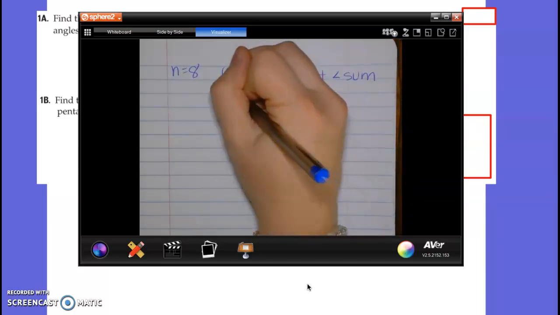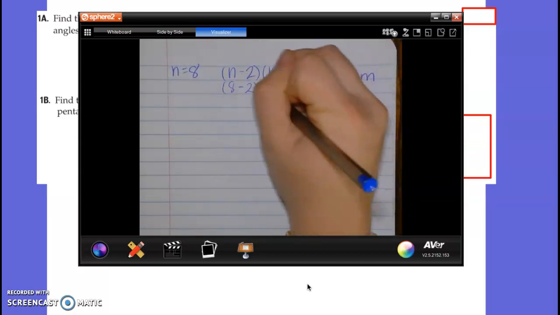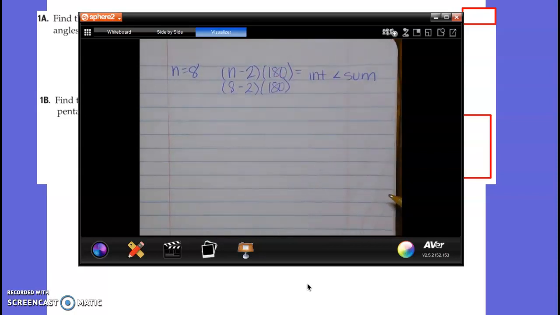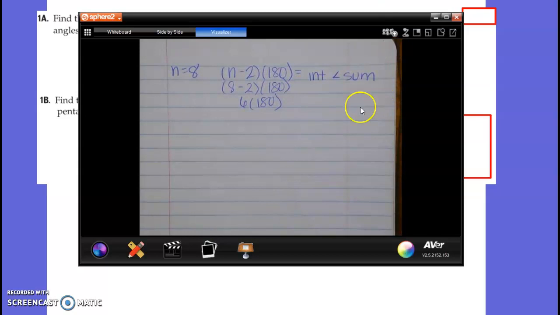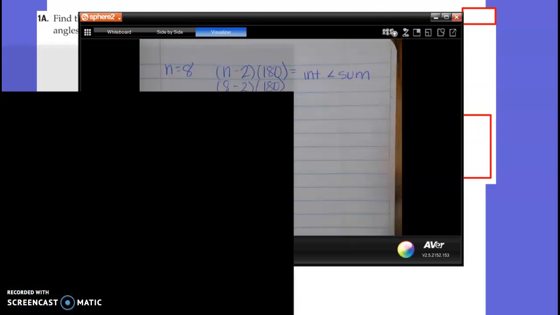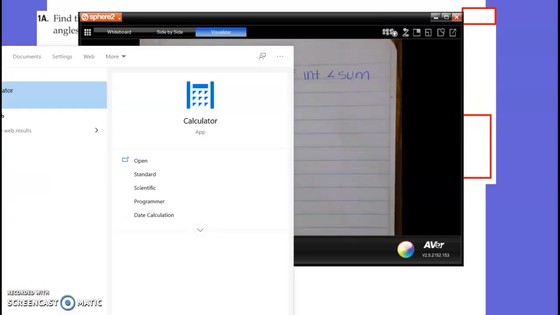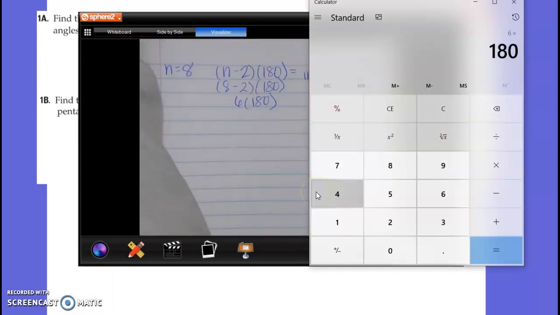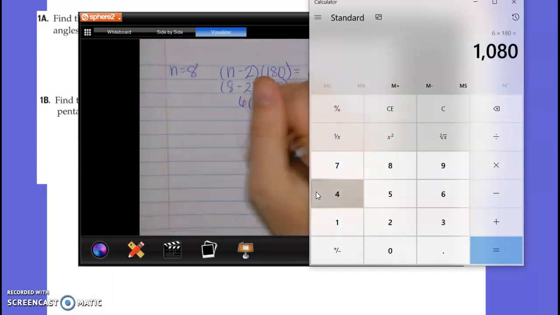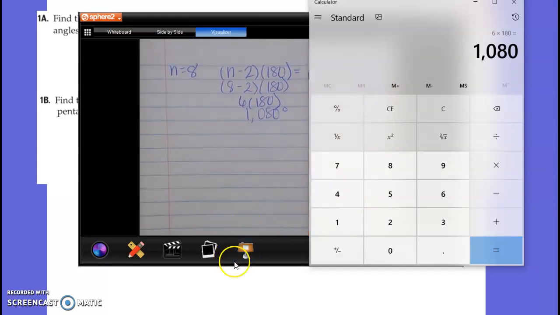So I'm going to substitute 8 for n and multiply that by 180. So 6 groups of 180. We can use our calculator or you can use mental math. I'm going to use my calculator for fun. 6 groups of the 180 gives us an interior angle sum of 1,080 degrees.